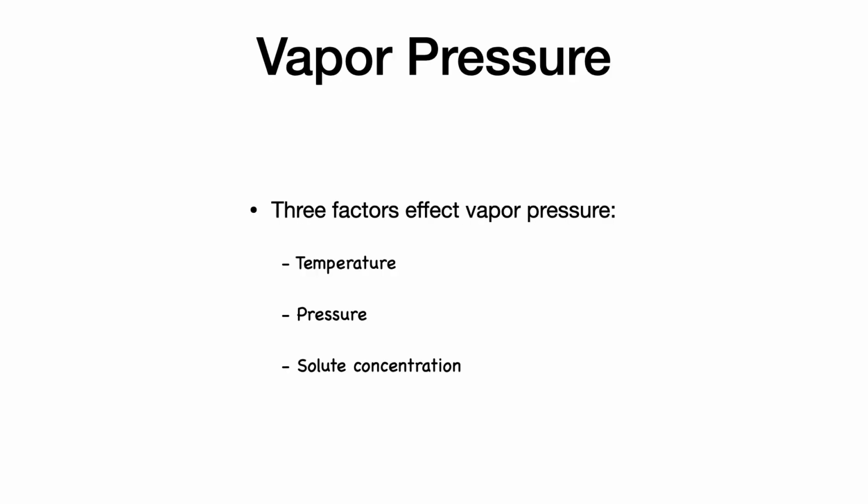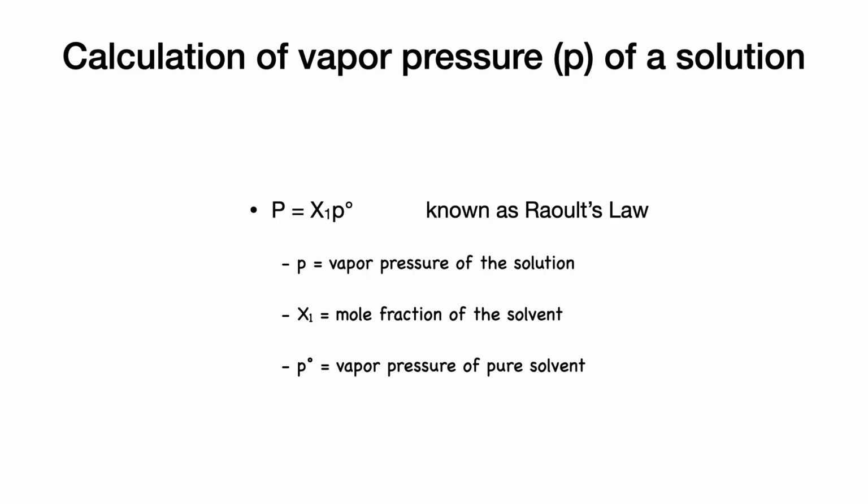So for vapor pressure, there are three things that affect it: temperature, pressure, and the solute concentration. This is why we learn something about the mole fraction. We can calculate the vapor pressure of a solution using Raoult's law, where P is the vapor pressure.